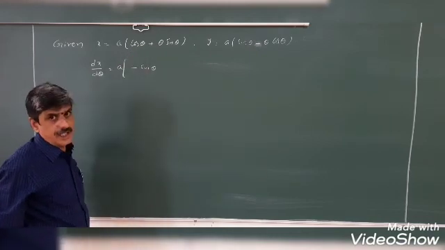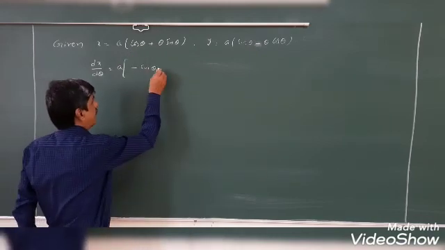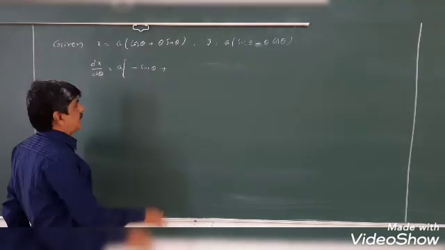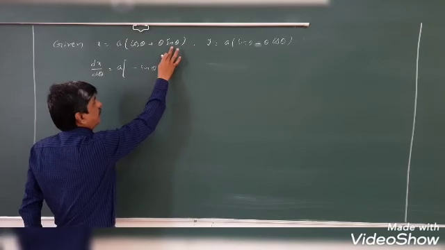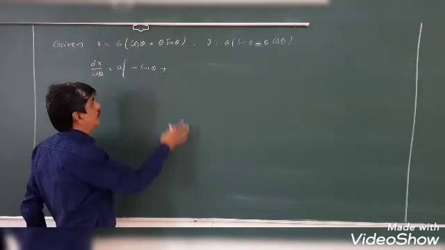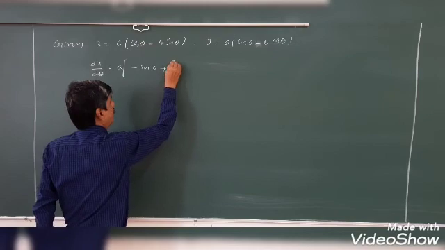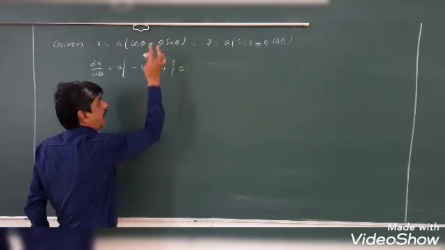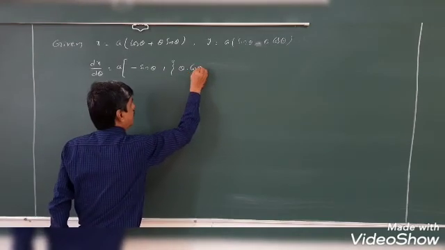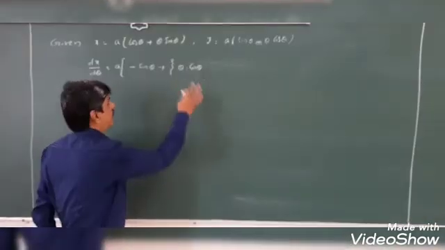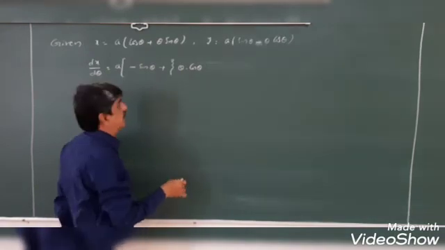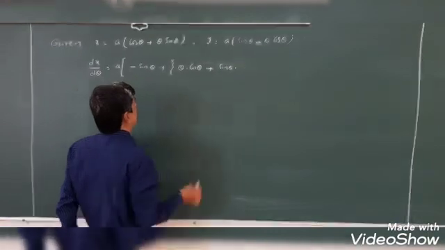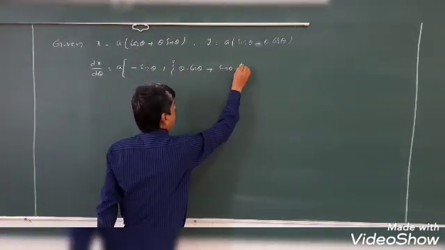In the place of theta, theta only, then d by d theta of theta is 1. Next, d by d theta of theta into sin theta. Use u into v form. So here theta, d by d theta of sin theta is cos theta, in the place of theta, theta will be there, plus sin theta into d by d theta of theta is 1.